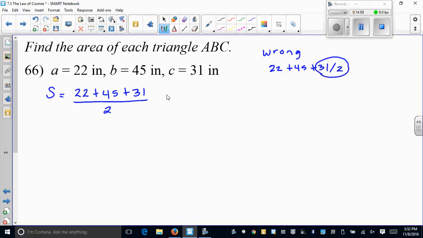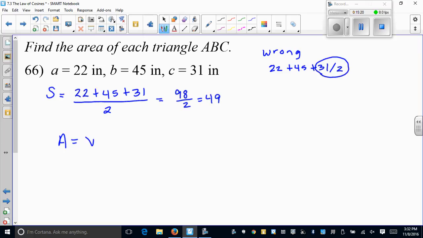So this is going to give me 98 over 2 which is 49. And that's really kind of nice. 49 is larger than 45. I'm not going to have issues. So on this one here, area equals, and this is a square root, so make a nice big one.